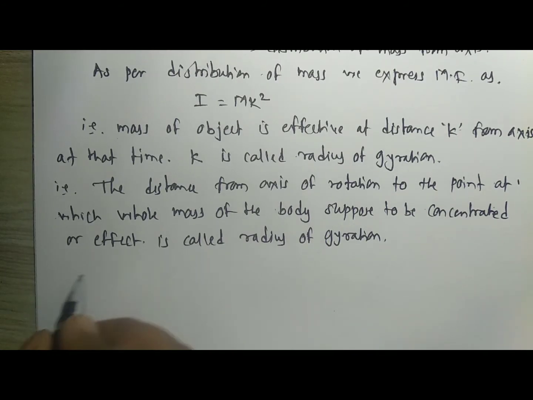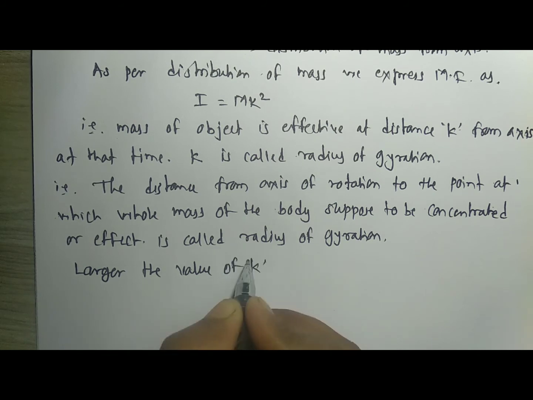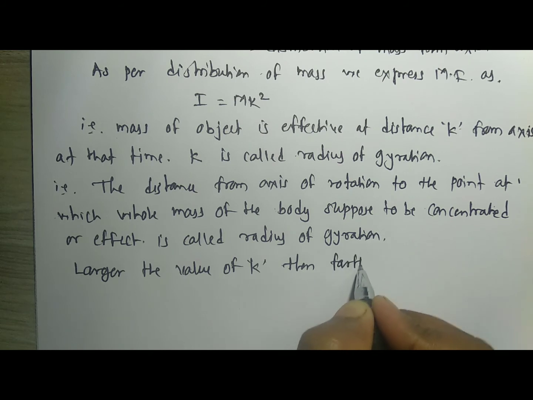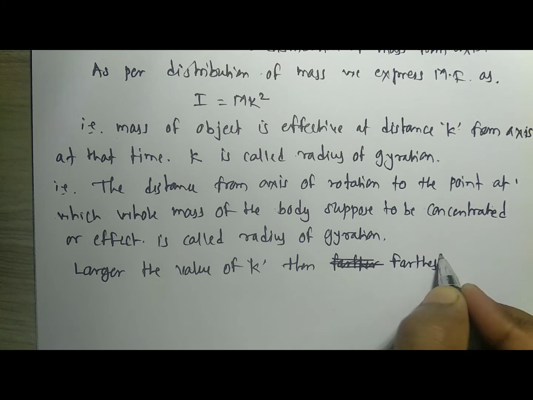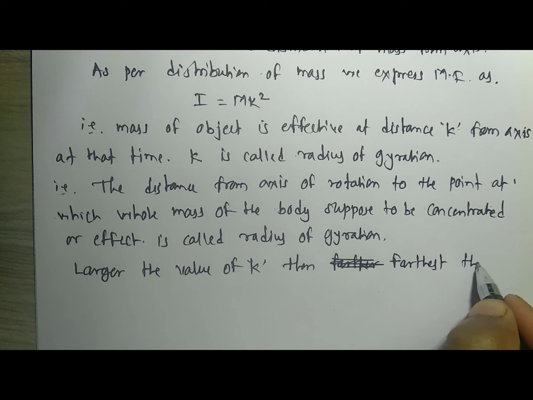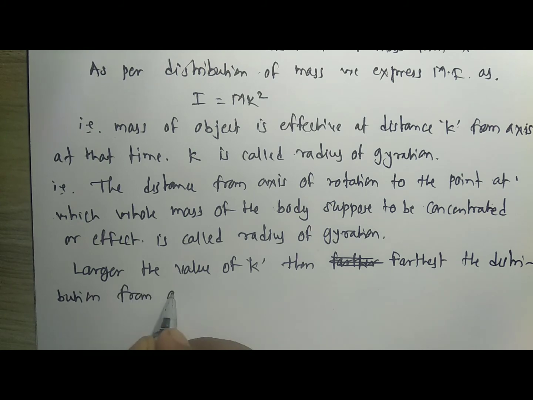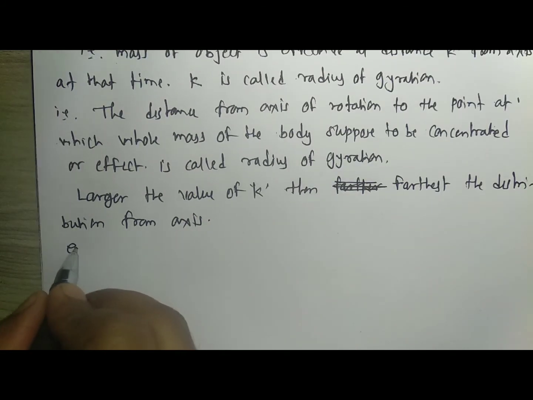And we know that the larger the value of k, the farther the distribution of mass from the axis.